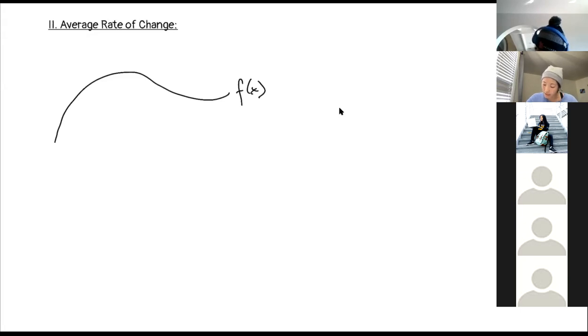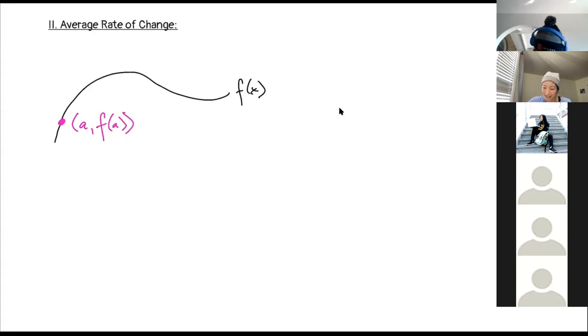Let's choose one point somewhere on the curve, and let's say that this has an X value of A. What is the Y value at that point? How would we express the Y value at that point? Not B, but I will use B for the next point: f of A. Yeah, we're going to call this f of A.